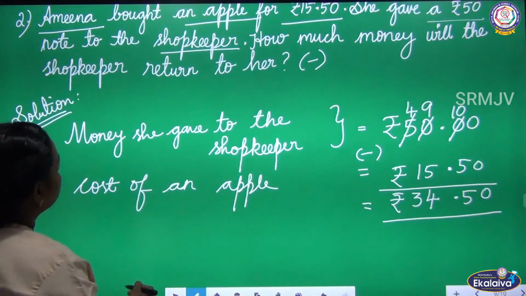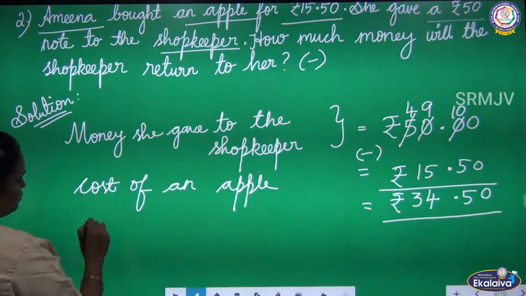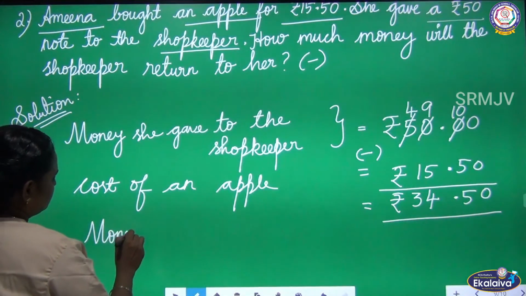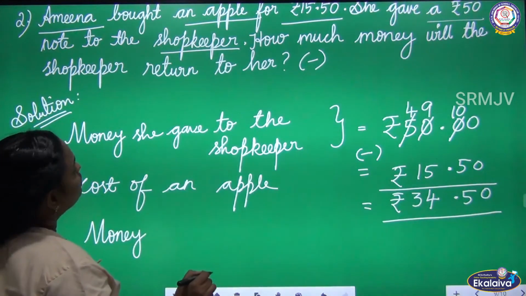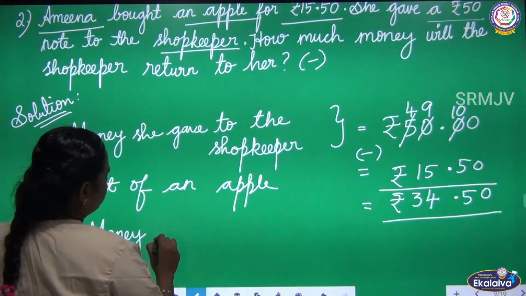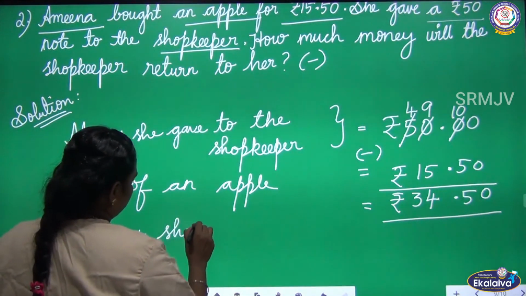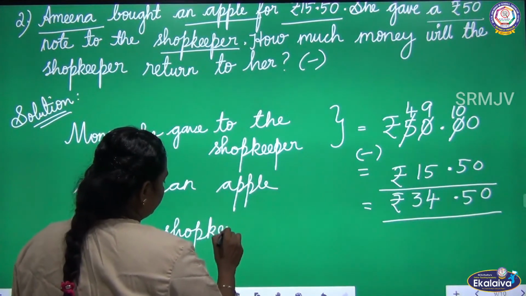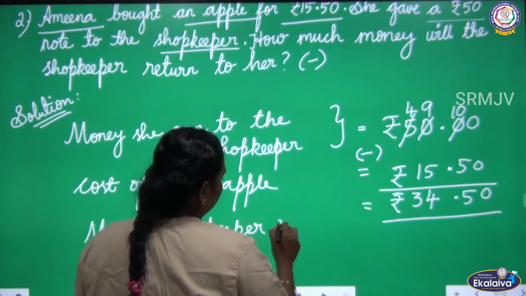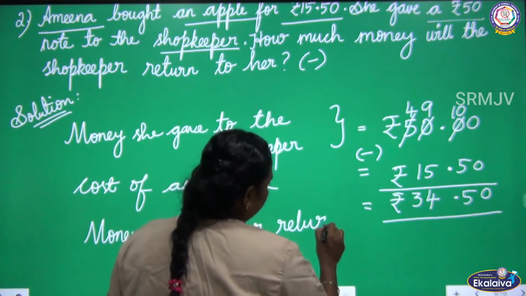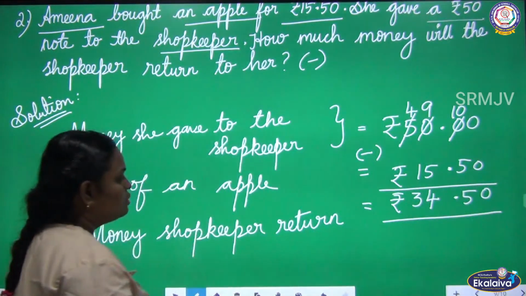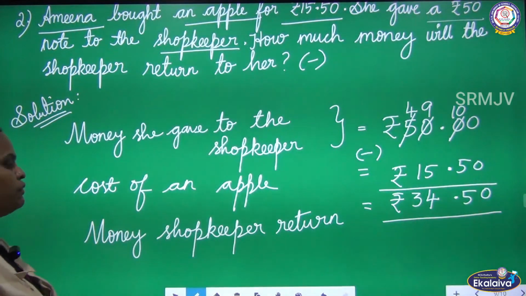So money the shopkeeper returned. Money shopkeeper return equal to 34 rupees 50 paise.